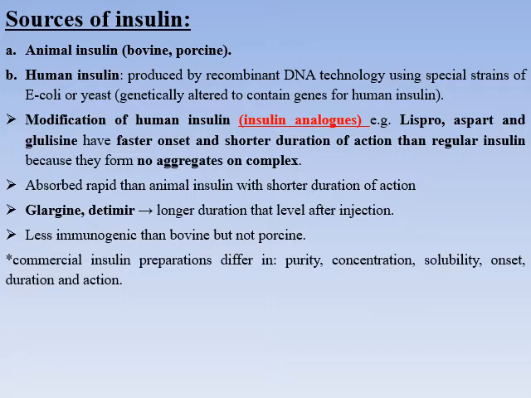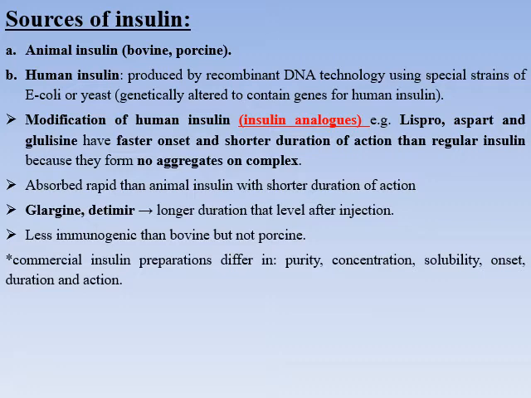By alteration of the sequence of the amino acids of human insulin, we can get different types of insulin with different pharmacokinetic properties. For example, we have lispro, aspart and glulisine with rapid onset and shorter duration of action than the regular insulin. They form no aggregate or complex, but glargine and detemir have longer duration of action.